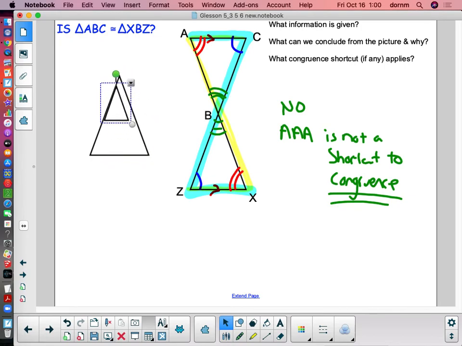All 3 pairs of angles are exactly congruent. The angle pairs are. But clearly the triangles are not congruent because one is much larger than the other. That's why angle, angle, angle does not work. So my answer here is, even though I've got 3 pairs of corresponding angles congruent, those are not congruent triangles.